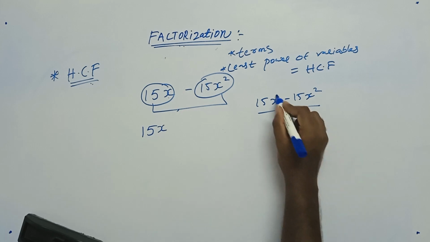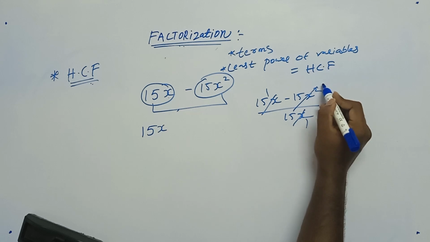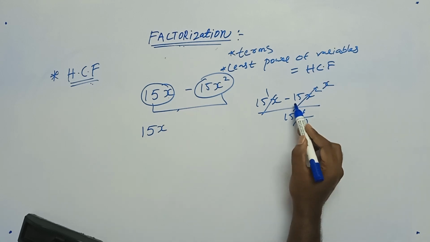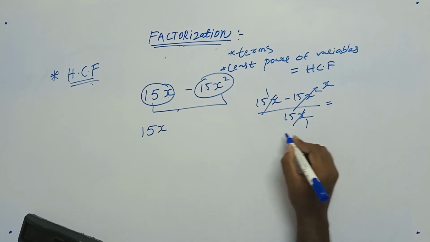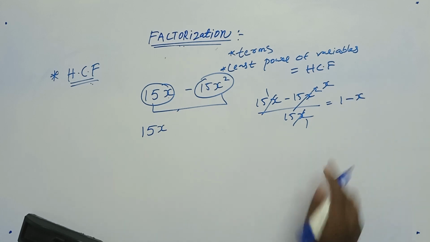So 15x times 1 is 15x, and 15x times x is 15x square. So what is the quotient? The quotient is 1 minus x.